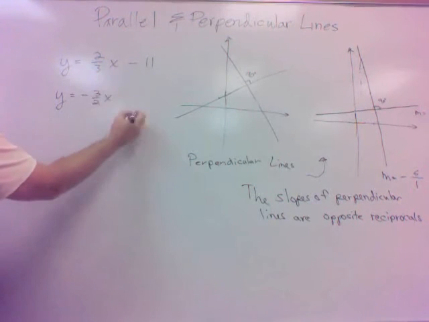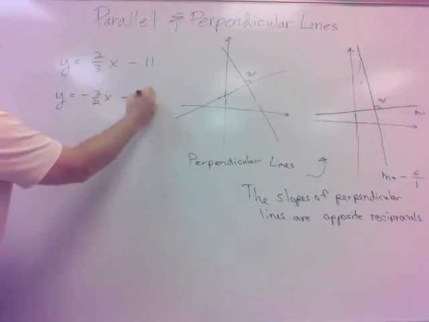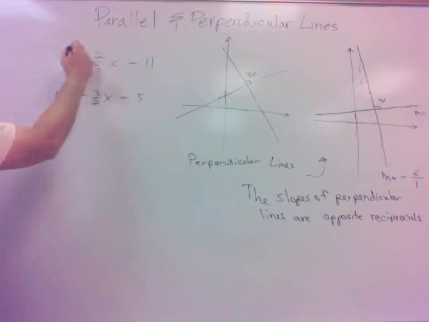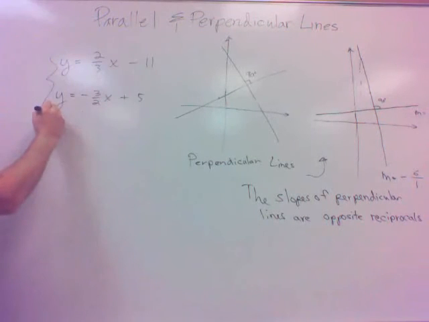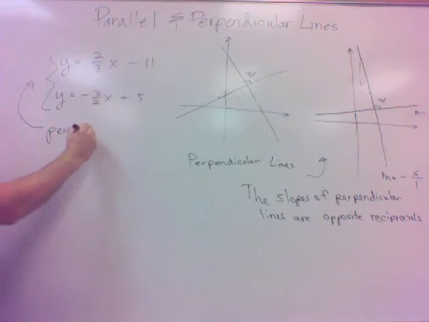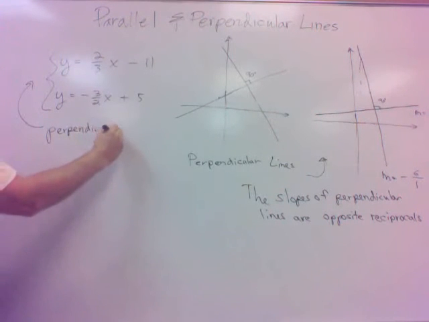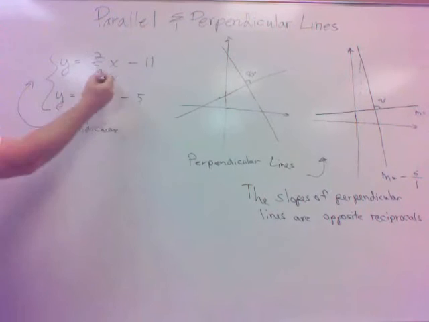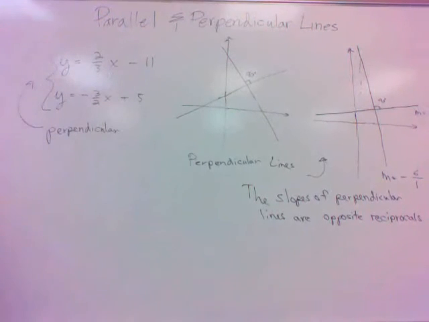So I could do y equals minus 3/2 x plus 5, whatever. It doesn't matter about the y-intercepts. But yeah, these lines here would be perpendicular, because the slopes are opposite. One's positive, one's negative, and they're also reciprocals flipped over from one another. Okay? All right.